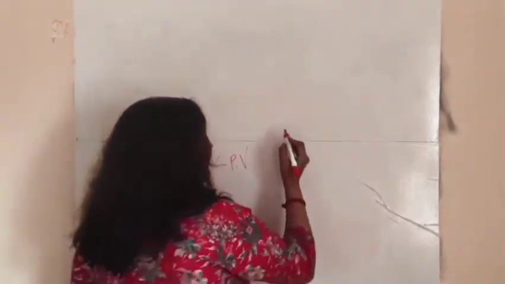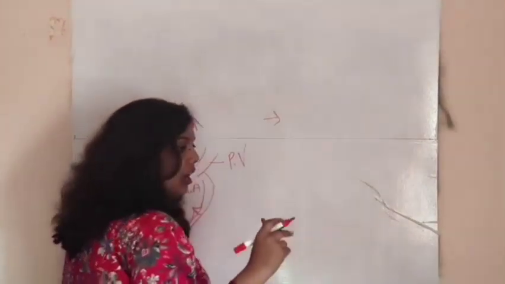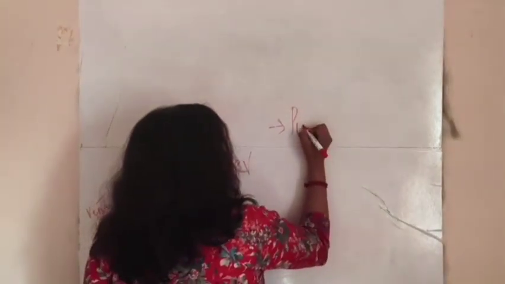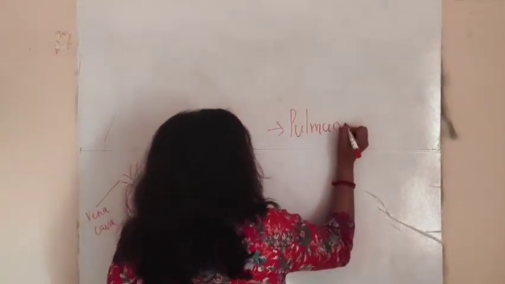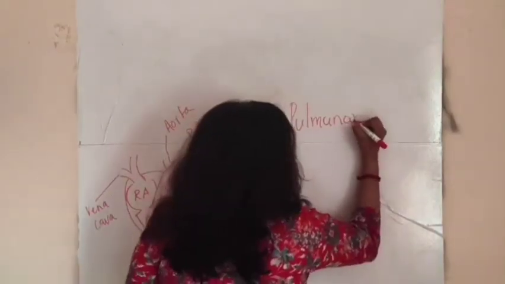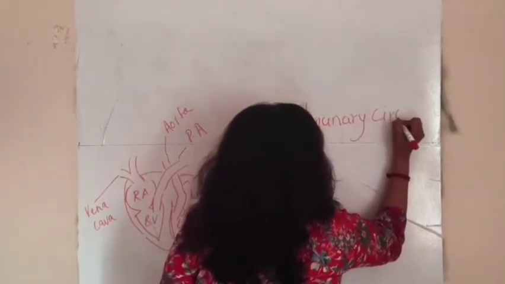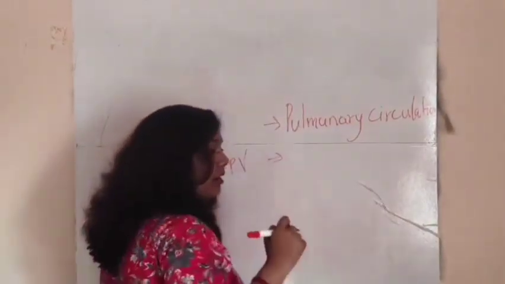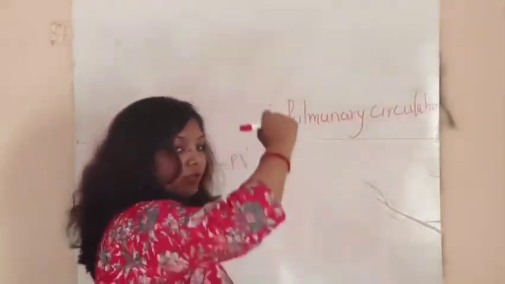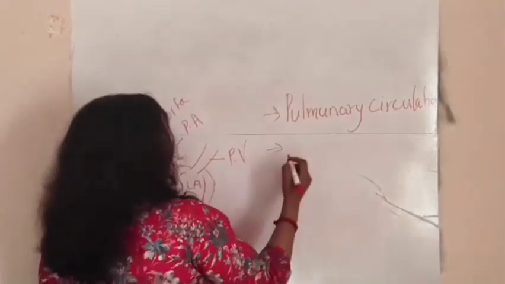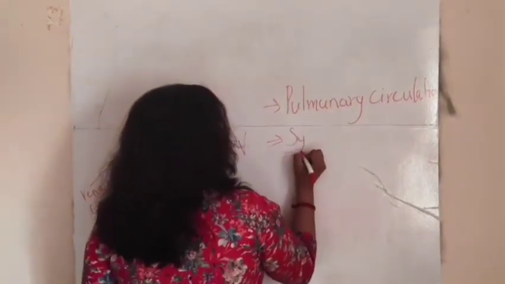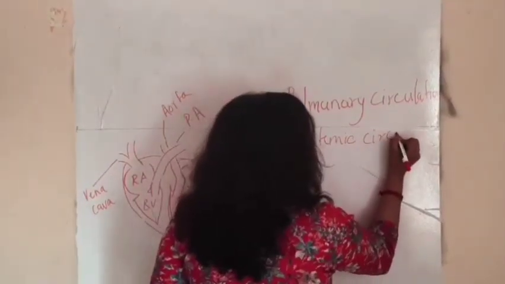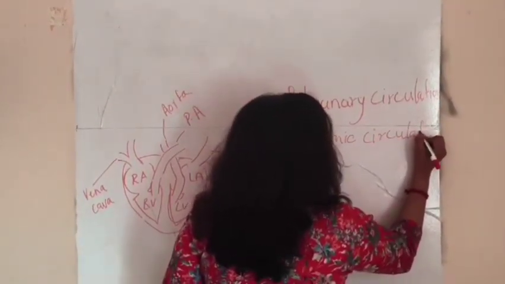The one time when the blood flows through the heart and goes to the lungs and comes back oxygenated is called the pulmonary circulation. The other time when the blood oxygenated moves through the body and gets deoxygenated and comes back to the heart is the systemic circulation.